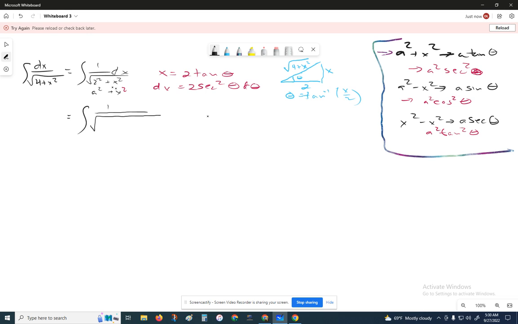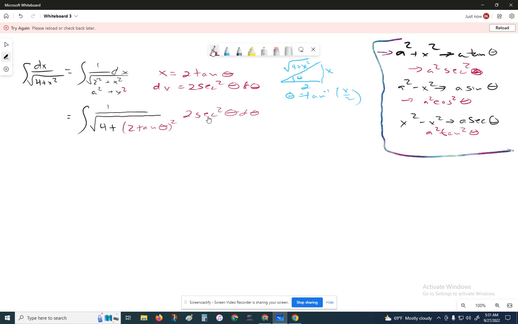I have this piece here, which is my 4, and then that is going to be plus this right here, my 2 tangent theta squared. And that's going to be all multiplied by my dx right here. And so my dx is 2 secant squared theta d theta.